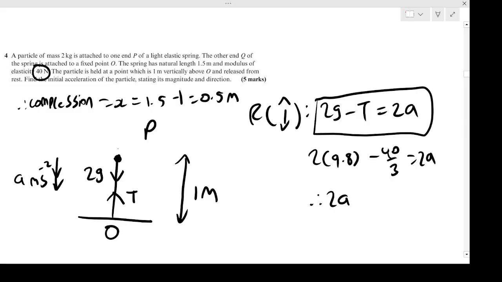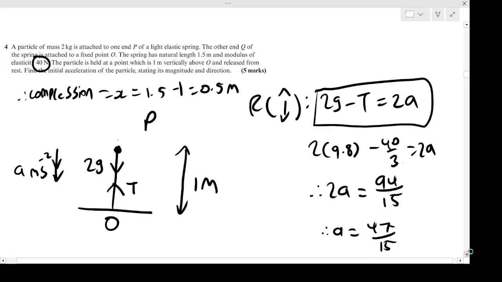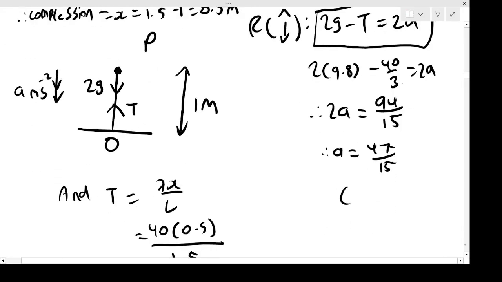If I simplify this, I get 2a to be 94 over 15. Therefore, a is going to be 47 over 15, or as a number, that's going to be 3.13 meters per second squared.